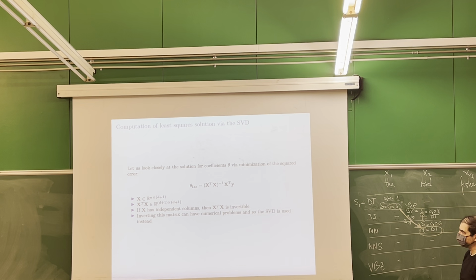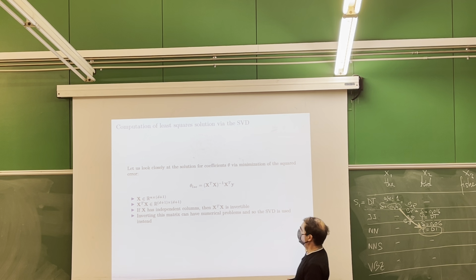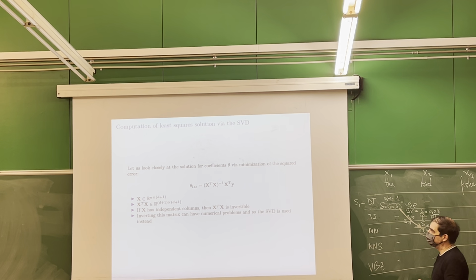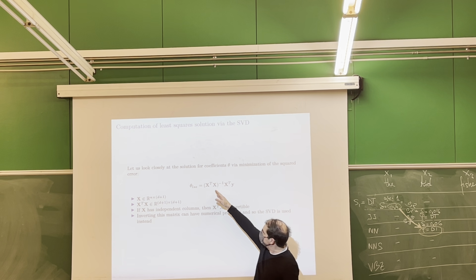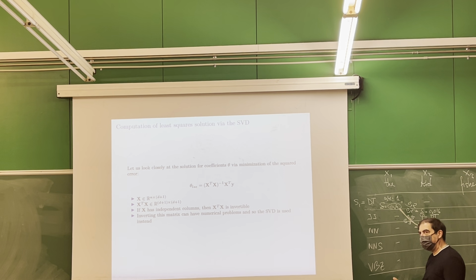The first problem is that we have to invert this matrix, and the inversion of this matrix in some cases can be hard to do. If in this data you have columns that are not independent, repeated data or something like this, the matrix is not invertible.